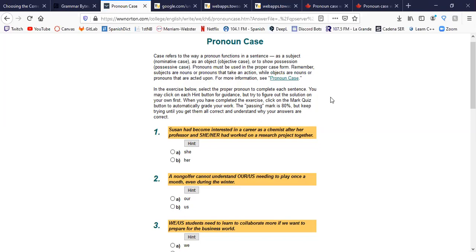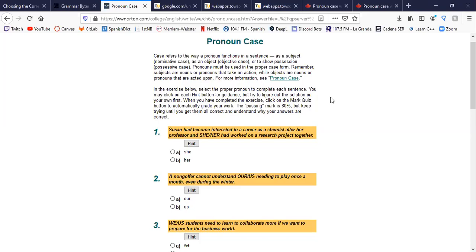So for more information, see pronoun case, but we already know that. I explained pretty much all I can about it. So in the exercise below, select the proper pronoun to complete each sentence. You may click on each hint button for guidance, but try to figure out the solution on your own first. When you have completed the exercise, click on the Mark Quiz button to automatically grade your work. The passing mark is 80%, but keep trying until you get them all correct and understand why your answers are correct.